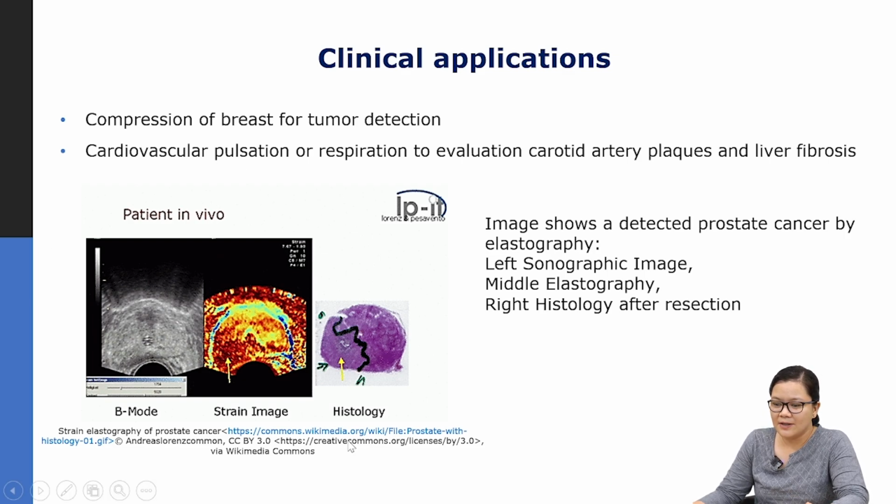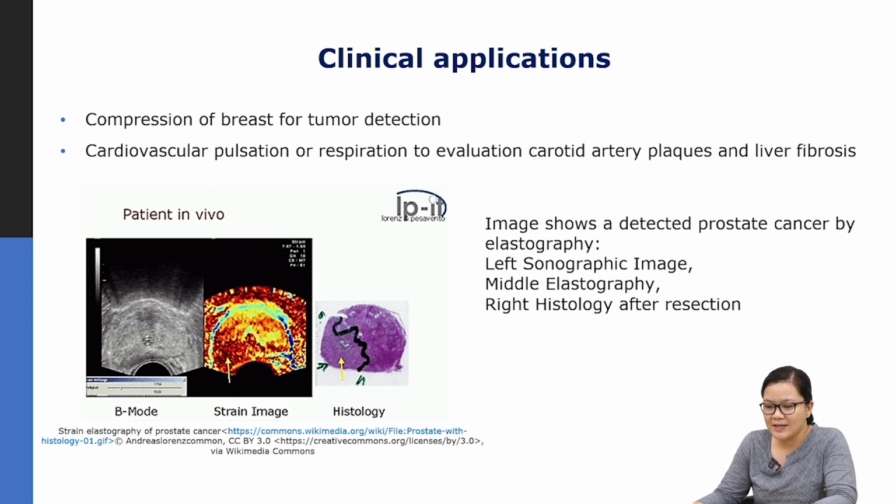Another example here is the ability to detect prostate tumor using strain elastography. You can see here, this is a B-mode image of a prostate with a tumor. It's very challenging to see with an untrained eye exactly where the tumor is.